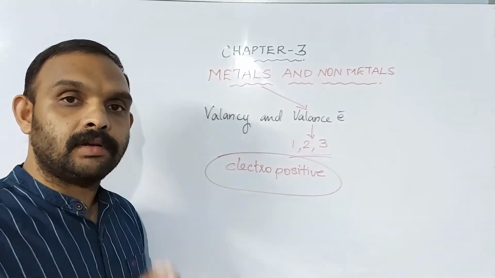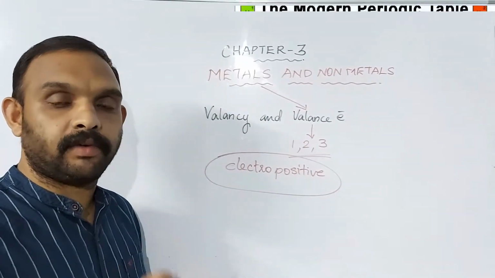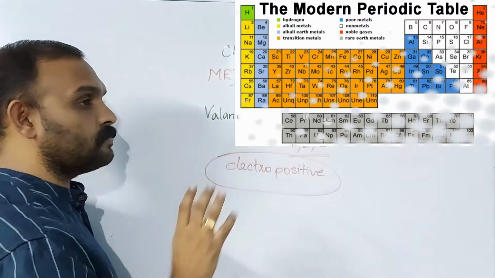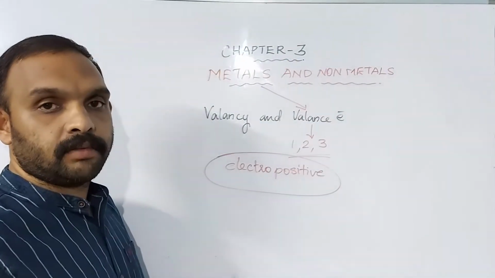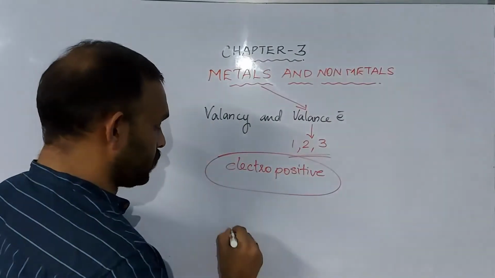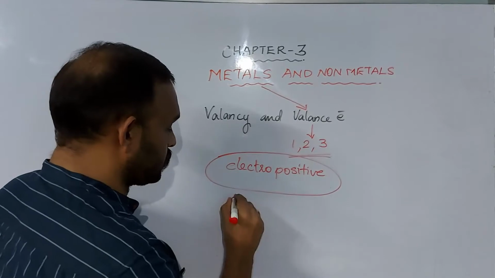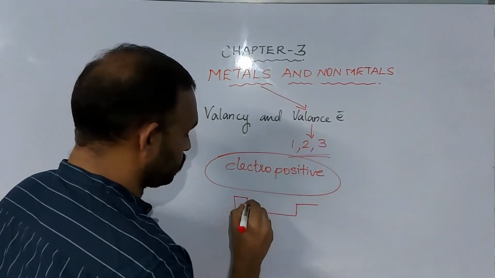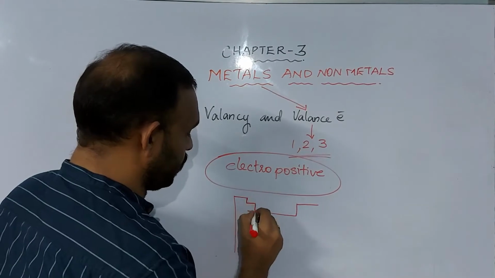Dear students, have you seen a periodic table? Have you learnt about the periodic table anywhere? If you observe closely, the periodic table looks like this, with some ups and downs.